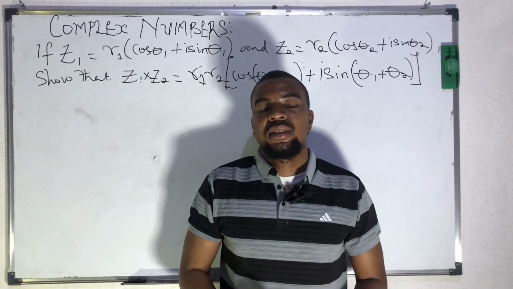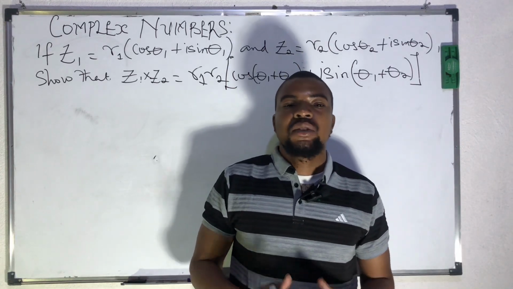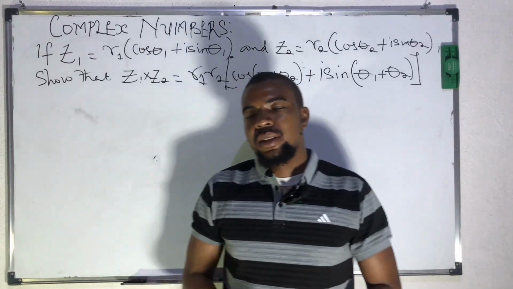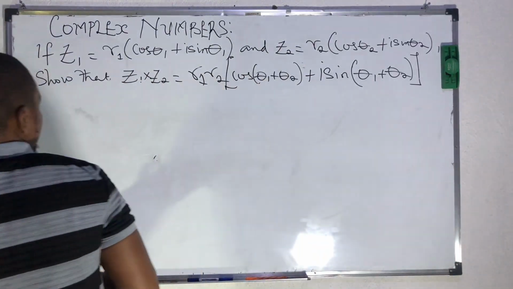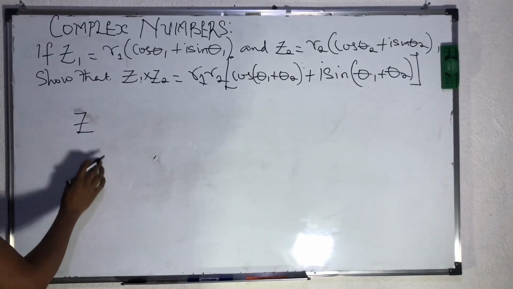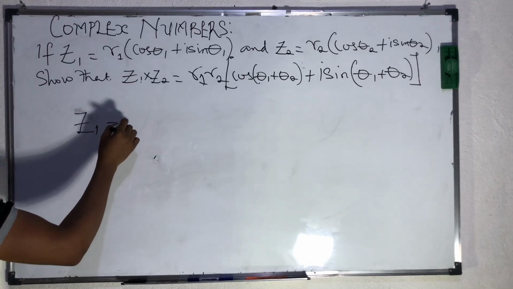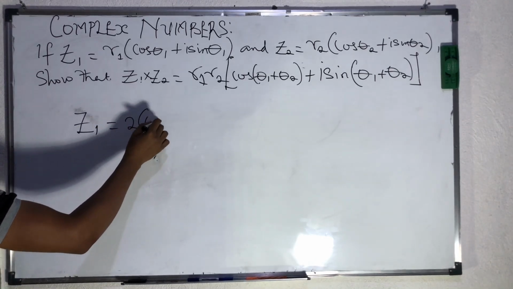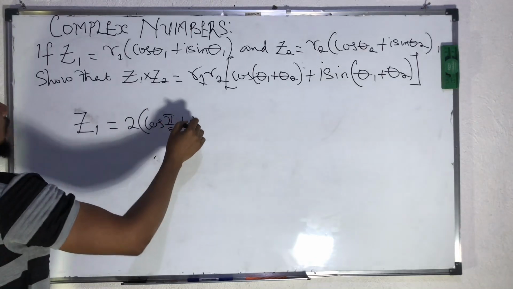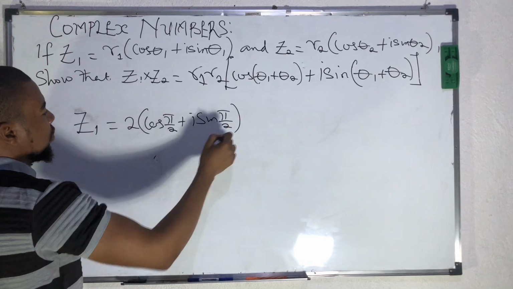In today's interesting lesson, I'm going to show you how to derive the formula for multiplying two complex numbers in their polar forms. Let's assume you have the first complex number in its polar form, z1, which is equal to 2(cos π/2 + i sin π/2).